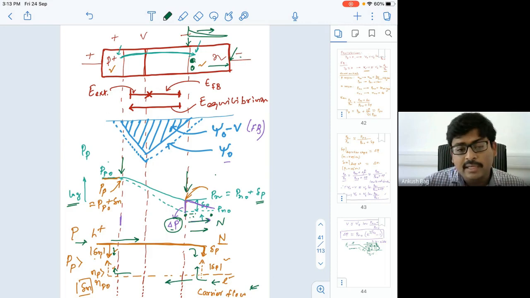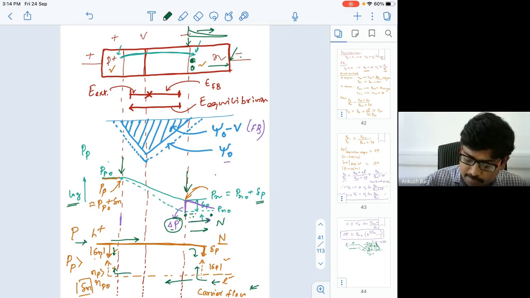So which type of carrier transport can we see here? The carrier transport that we will observe is diffusion, not drift. What is the reason? If you recall last class, we took a few assumptions.